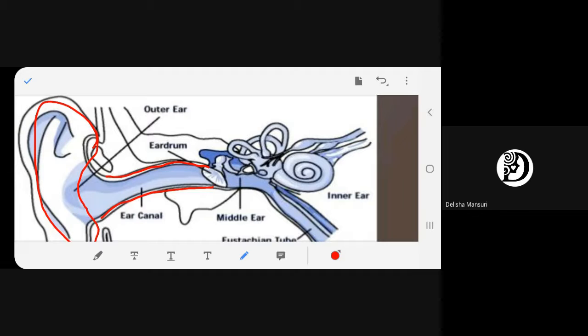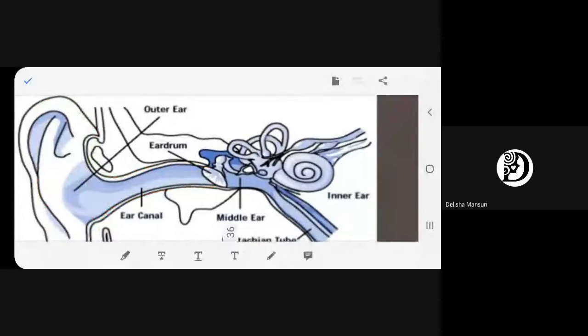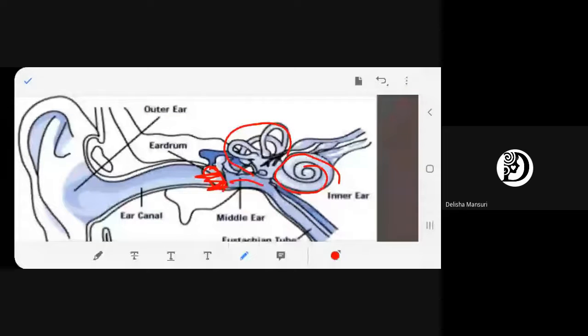The sound travels in the ear canal, and then it hits the eardrum. The eardrum starts vibrating. The vibration reaches the middle ear. From there, it goes to the inner ear, and from the inner ear, it goes to the brain. And then the brain tells you the sound that you have heard, what it is. Do you understand?